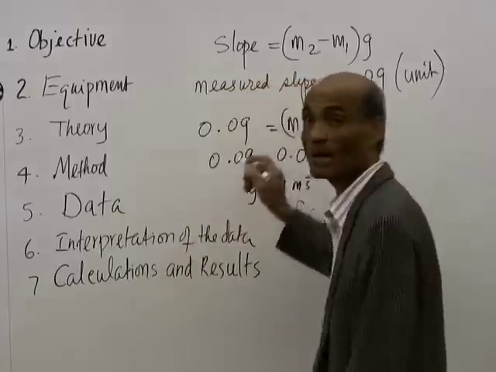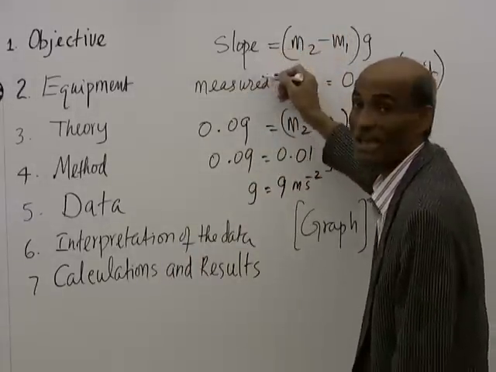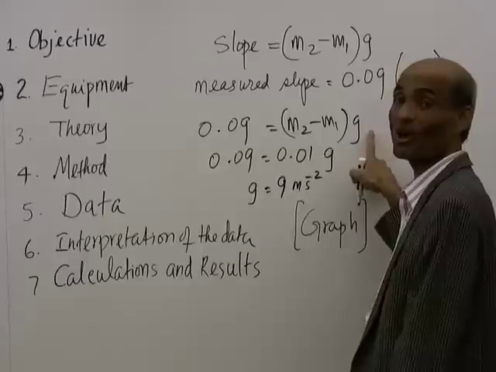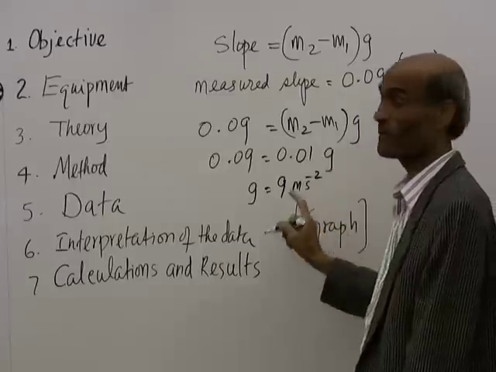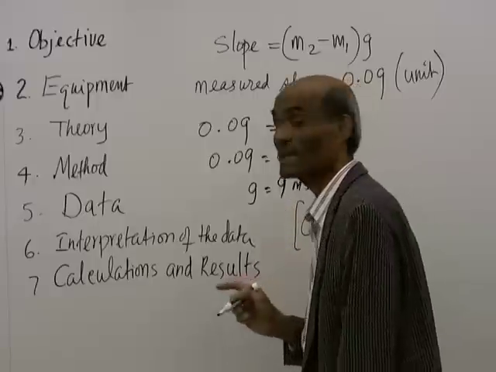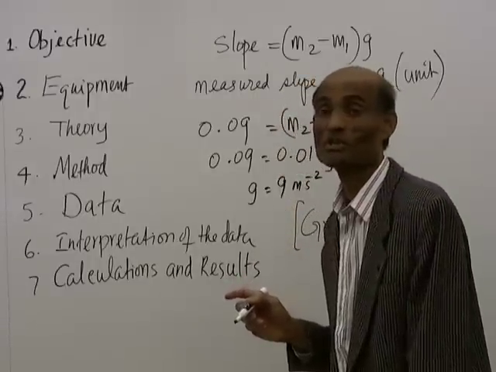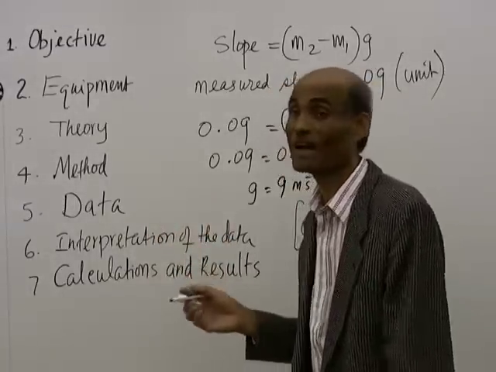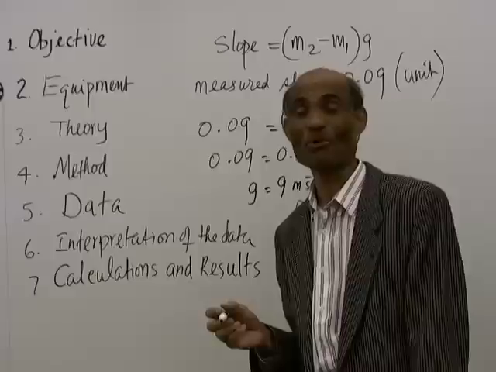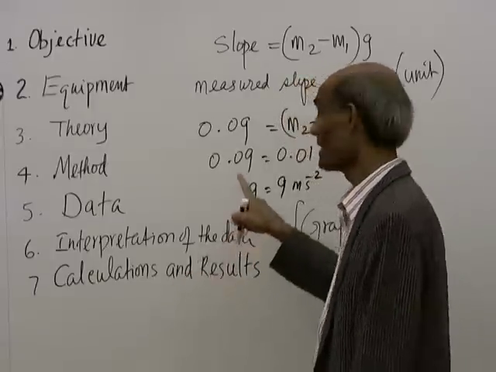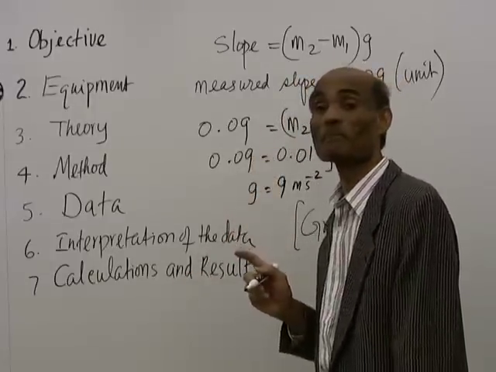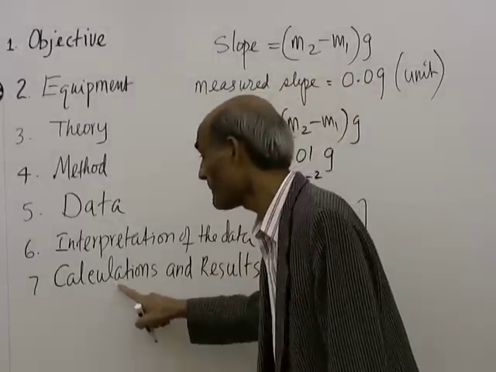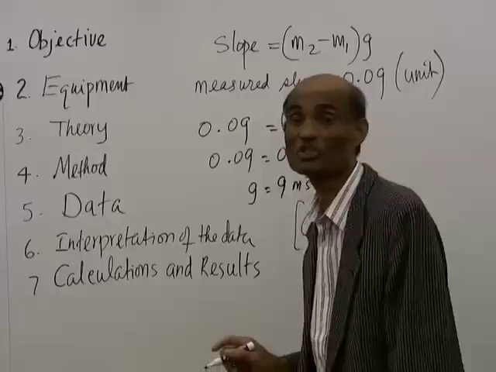Alright, so the slope is used to obtain a measure of the quantity we are looking for. And now, once you calculated the value of g, you must obtain a percent error. The actual value of g, you know, is 9.8 meter per second squared. And now you can obtain a percent error using that. And all that must be in the calculations and results.